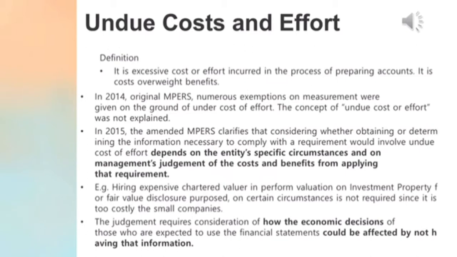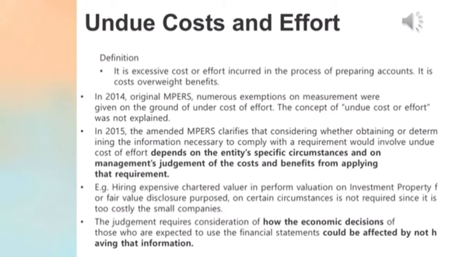In 2015, the amended Mpers clarified that considering whether obtaining or determining the information necessary to comply with a requirement would involve undue cost or effort depends on the entity's specific circumstances and on management's judgment of the cost and benefit from applying that requirement.